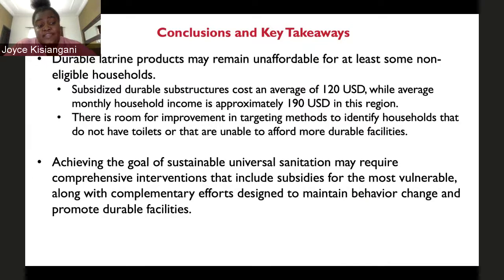So the artisan did not accept to collect the voucher from the eligible household unless the household was ready to dig the pit and put up the superstructure immediately the artisan began the work. So in terms of the timeline, it was arranged, but it would take around 1 to 3 months for the household to finish putting up the superstructure.